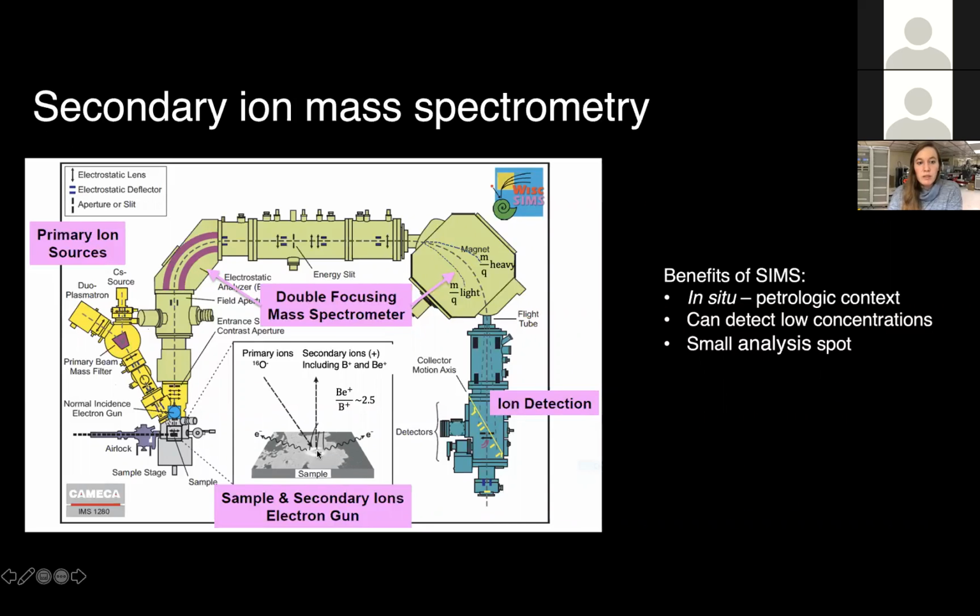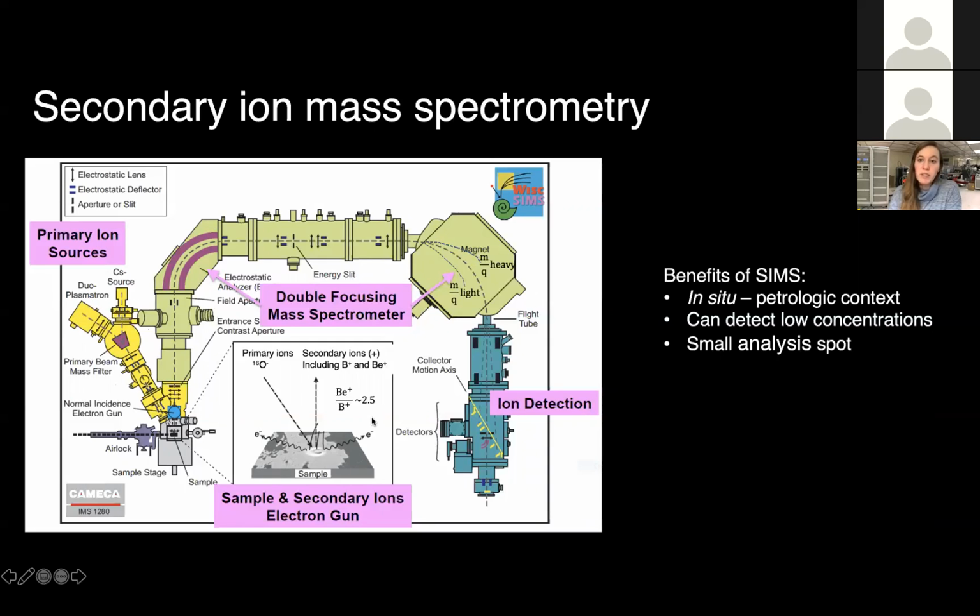So there's a little pit that's created by these primary ions, and then from this sputtering process, secondary ions from the sample are released and are guided through these lenses to focus the beam and other things, and then eventually to the magnet. So with the magnet, you can control the magnetic field, and this allows you to point specific masses towards the detector, which lies here. So that's how you measure isotopes, or one way to measure isotopes.